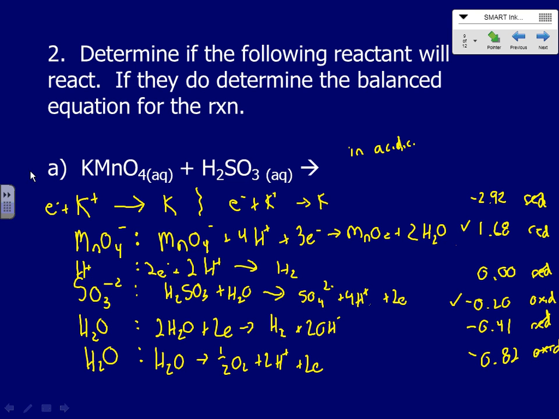They must be part of our list in order for it to be valid. That's why I had to get rid of that one with the OH, because we have H+. I didn't need to state that this was acidic. That's why I forgot about it. Look at, it's in an acid. So we needed the one that had the H+ in it and not the OH, because it was in acid.